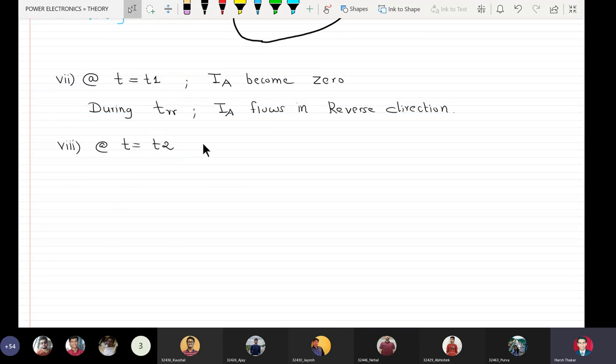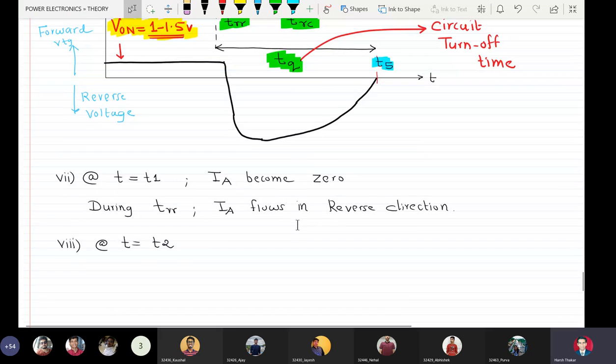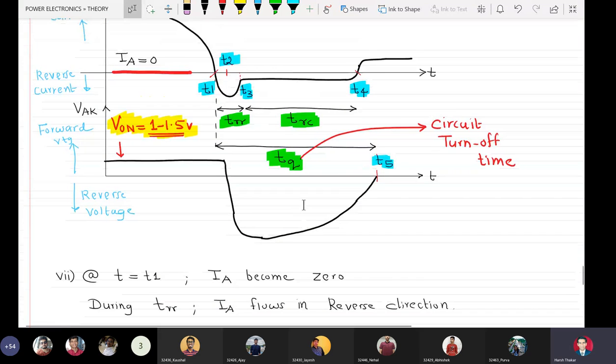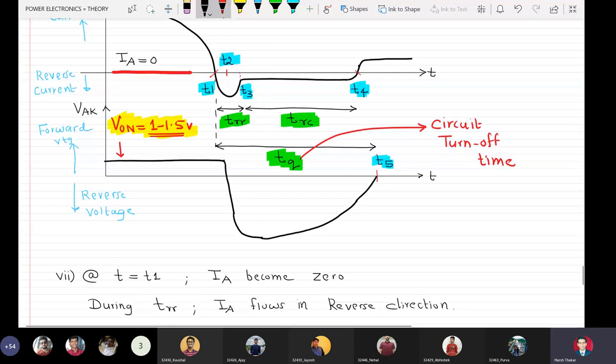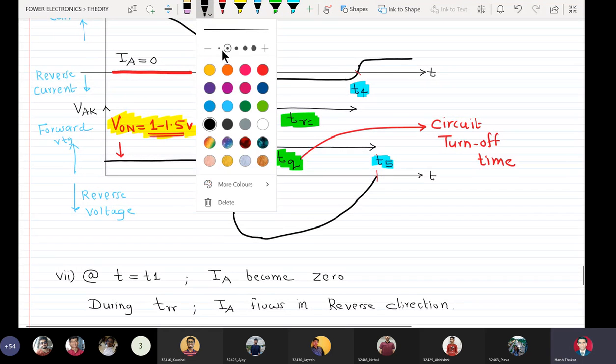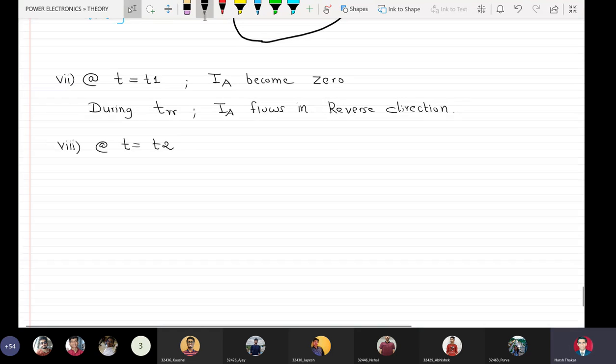At t equal to t2, we see what is happening. At t equal to t2, reverse voltage is getting developed across the SCR.